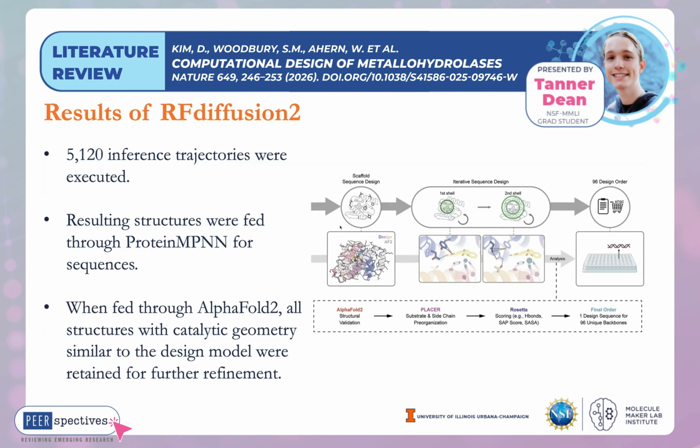And so then they decided to further refine them through this iterative sequence design. So they essentially defined two shells. This first shell is within about 8 angstrom of the actual catalytic scaffold, and this second shell is between 8 and 16 angstrom, I believe, around the catalytic scaffold.